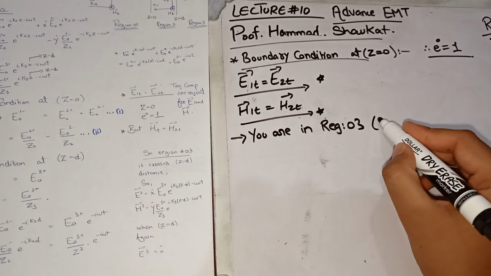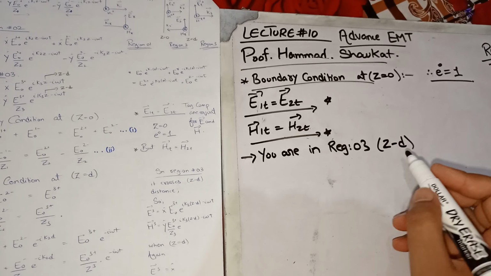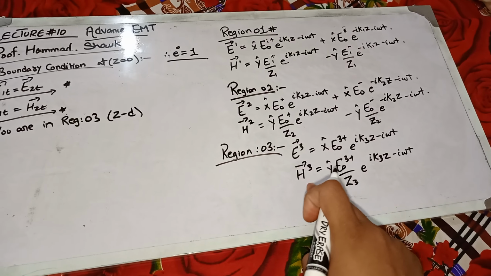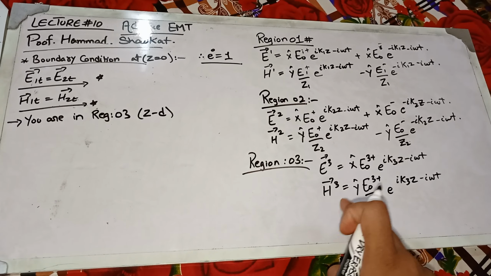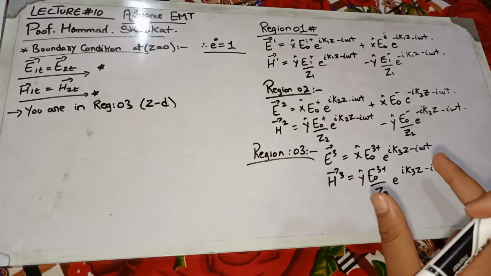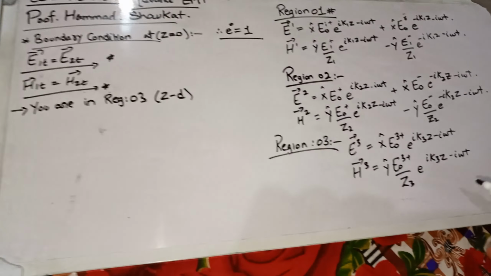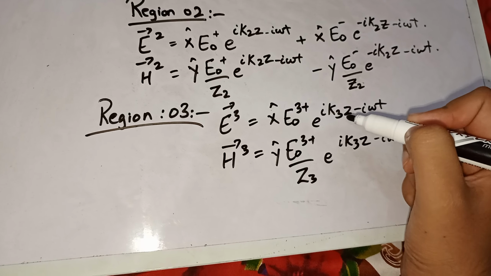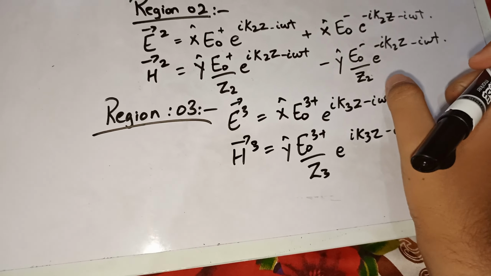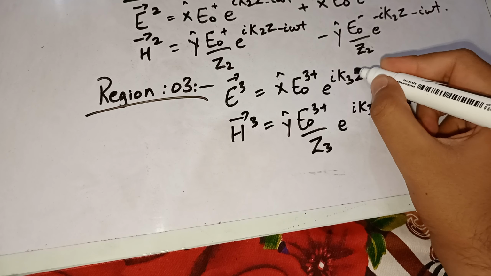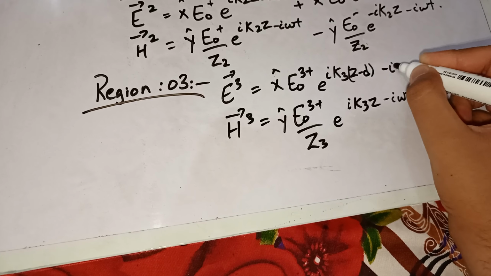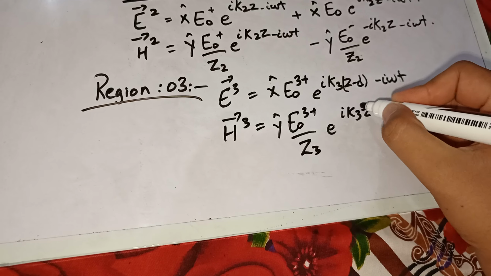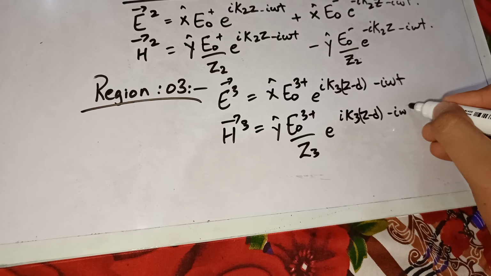As you know, these are your equations of electric and magnetic field in region 3, so these equations can be rewritten with the only change that z is replaced by z minus d. So it becomes z minus d minus iota omega t as it is, and again this z changes into z minus d, minus iota omega t as it is.